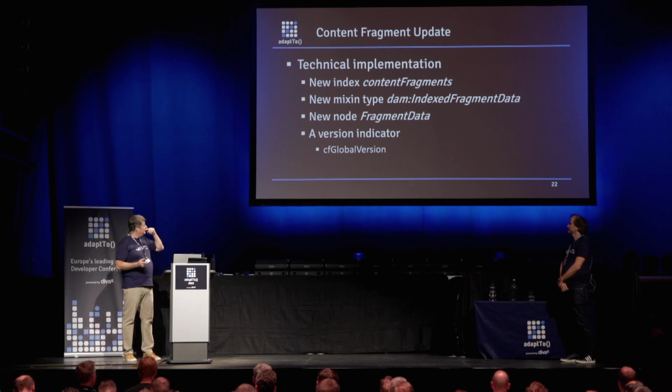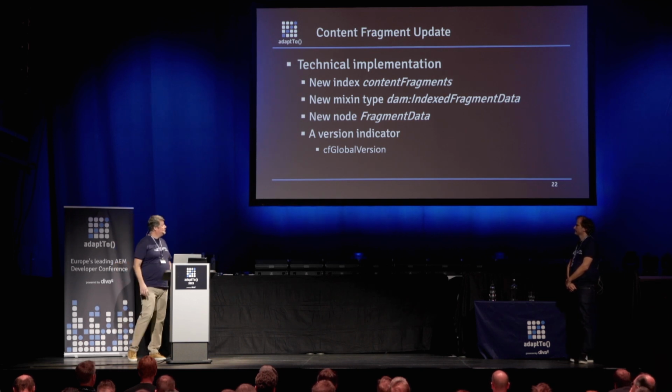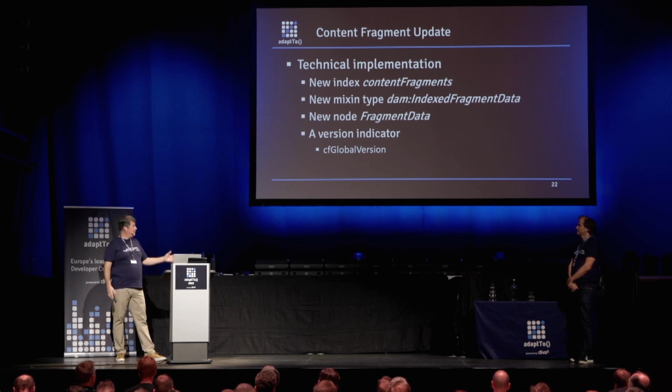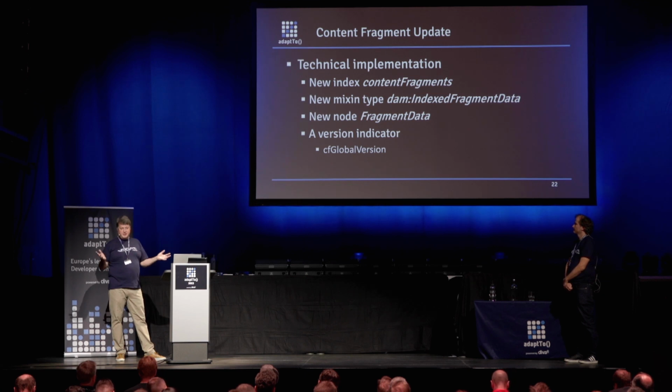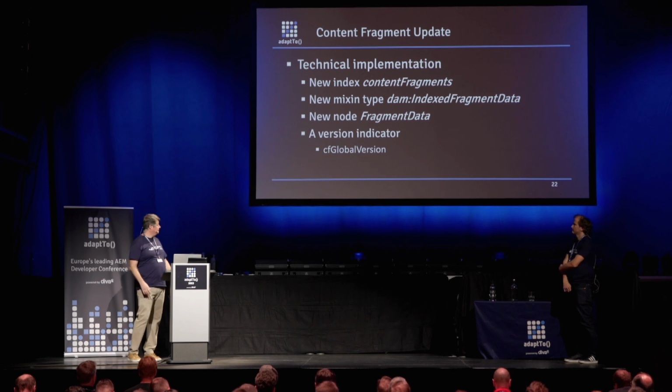So we created a new index called content fragments, and it indexes a new mixin interface type, which is called DAM indexed fragment data. I'm happy we introduced this, because it's really the only way we can guarantee that content fragments will meet requirements that customers may drop on us in the future.